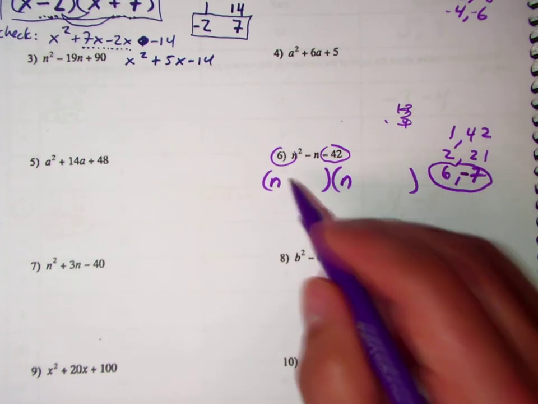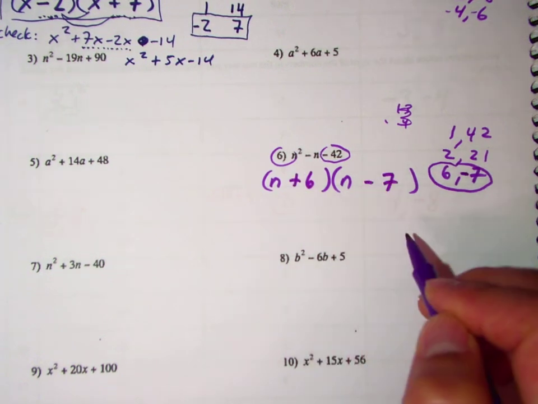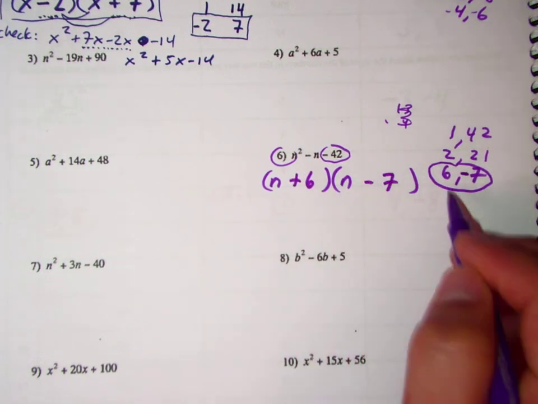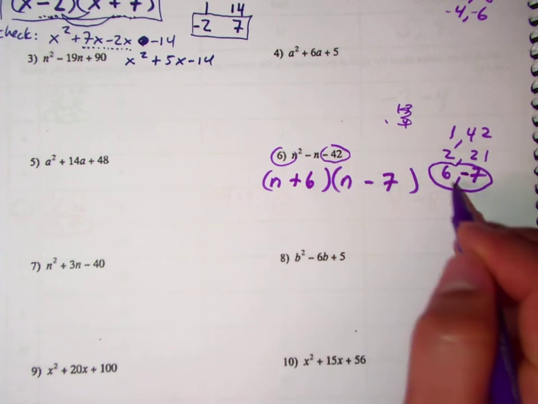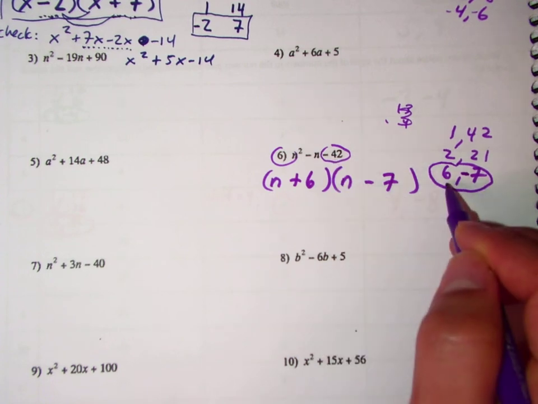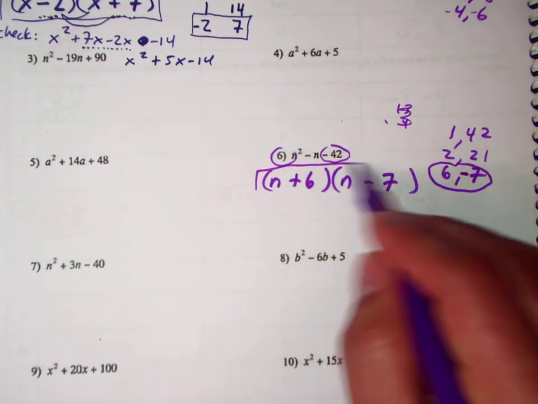So positive 6 and negative 7. And again, 6 times negative 7 is negative 42. And if you add these together, 6 and negative 7 add up to negative 1. And so there's our answer.